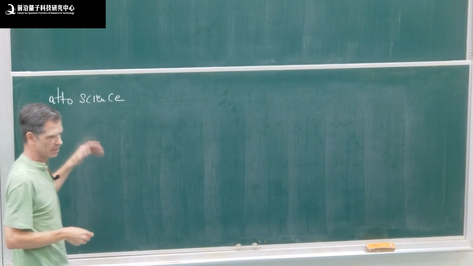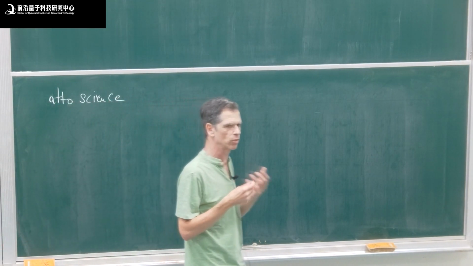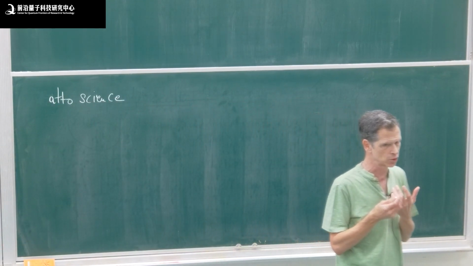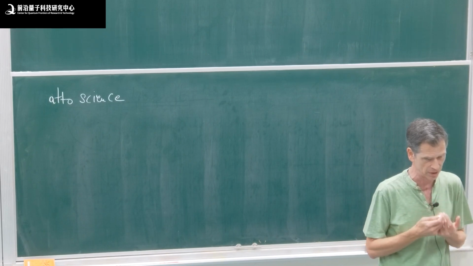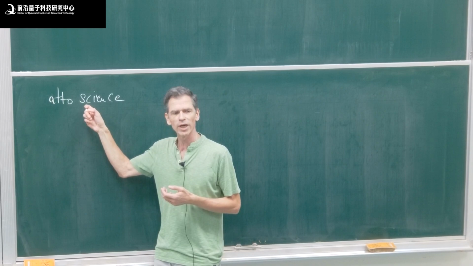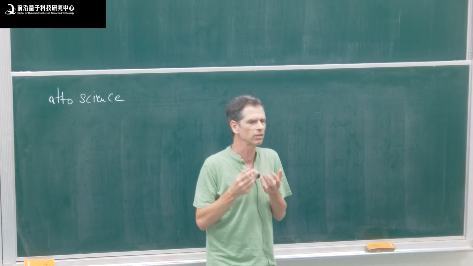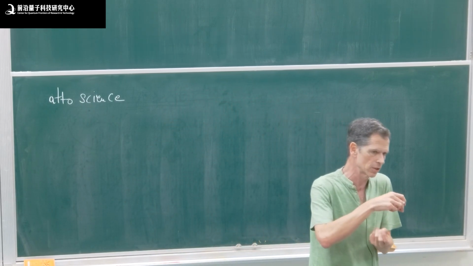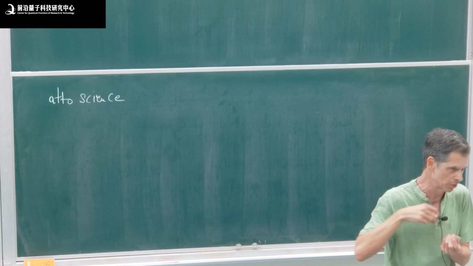While attoscience is light-matter interaction with ever shorter light pulses, of the duration of an attosecond, right? And why an attosecond? Because the attosecond is typically the timescale on which the electron in the ground state of the hydrogen atom circles around the nucleus.